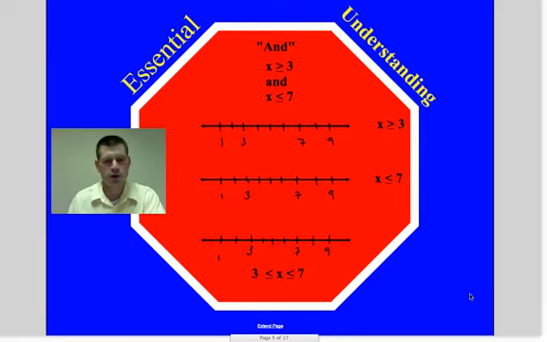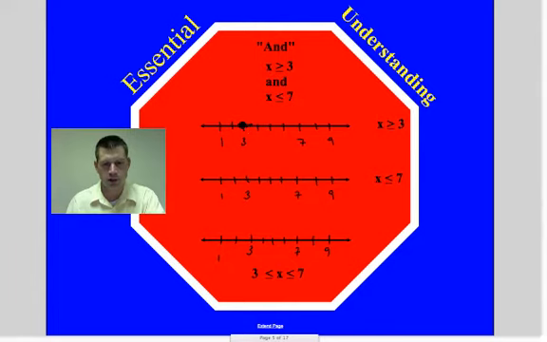Now this is 2 parts, so we're going to break this down to start. You're not going to have to do this all the time, but I would like for you to start breaking it down. We look at the first piece, x is greater than or equal to 3. We put our closed dot on 3, just like we would do before, and shade the direction we should. What values are greater than 3?